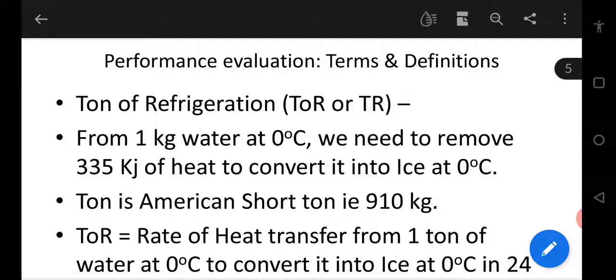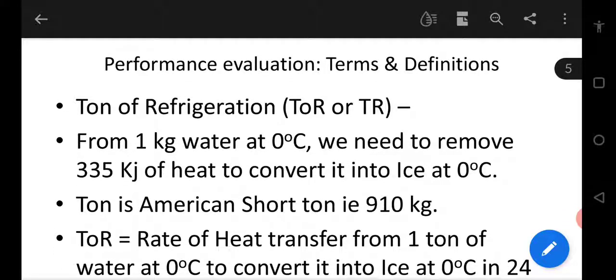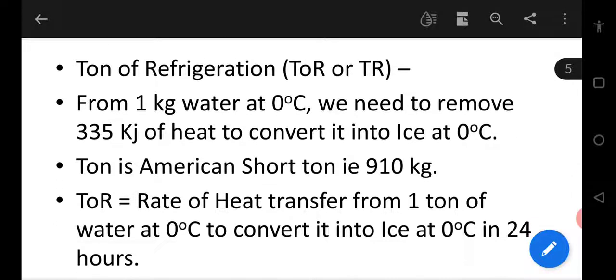So we have to remove heat, and for 1 kg of water at 0 degree centigrade, we need to remove 335 kilojoules of heat to convert it into ice. That is the latent heat of fusion. Here there is no change in temperature, only latent heat. Temperature remains the same.